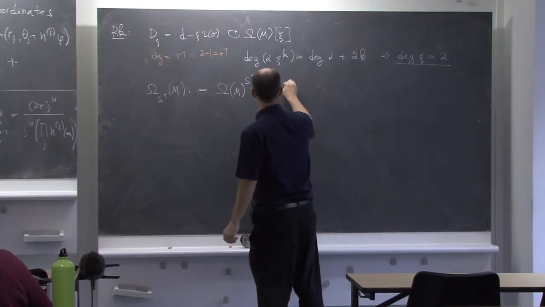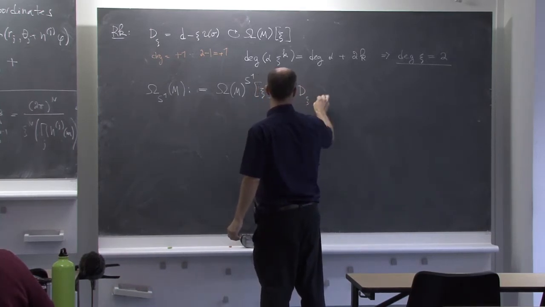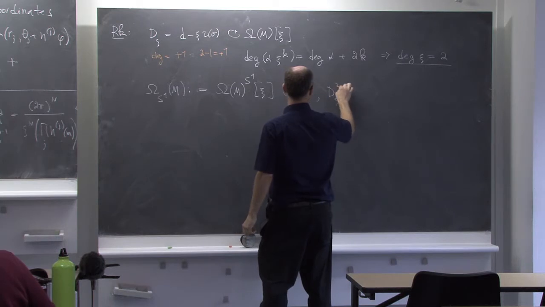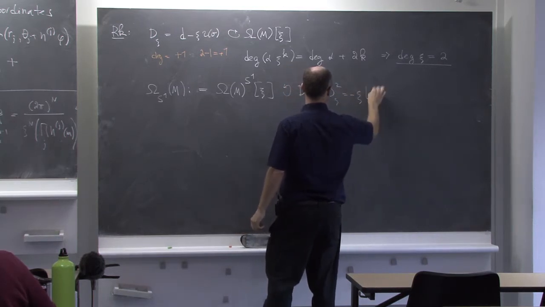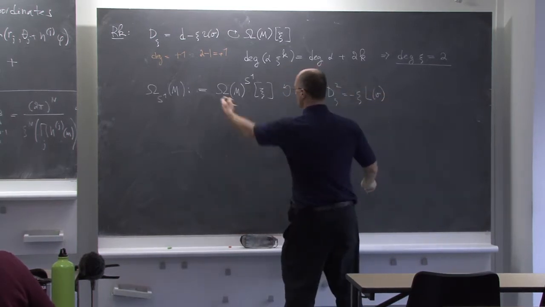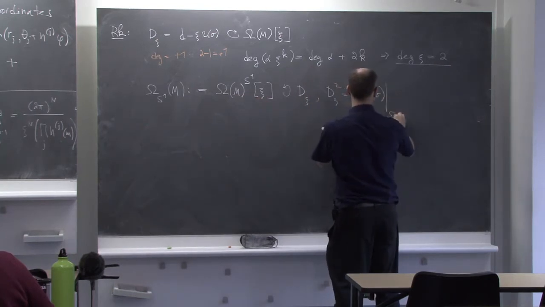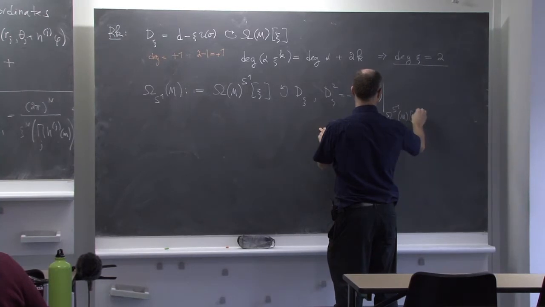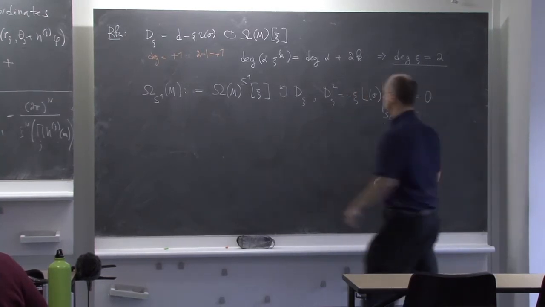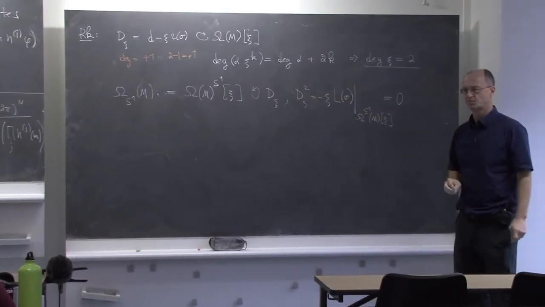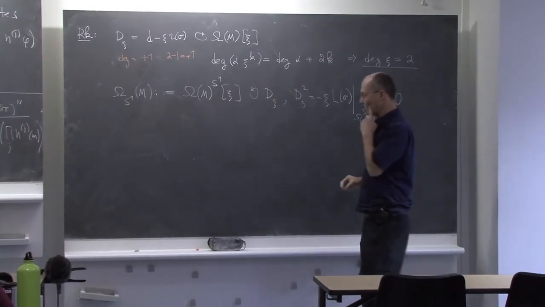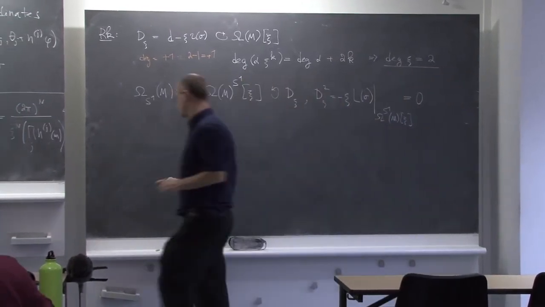On this space, we still have an action of d_ψ, and d_ψ squared is minus ψ L_V. But now on S^1 invariant forms, it is simply equal to 0.